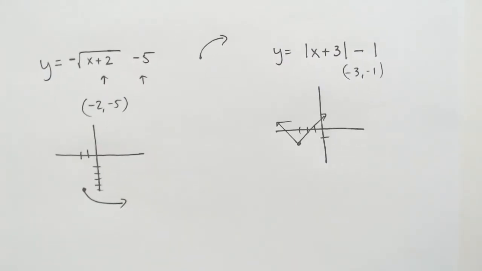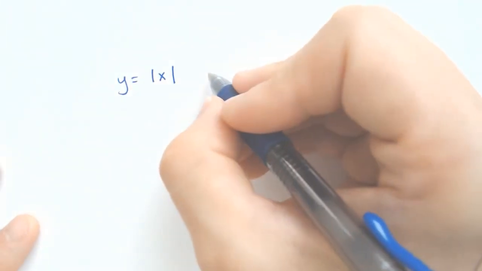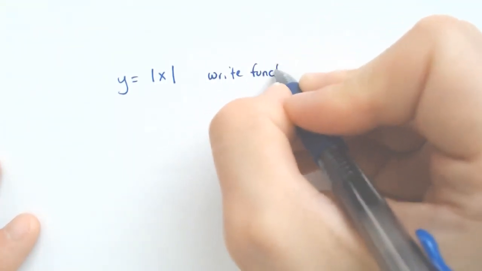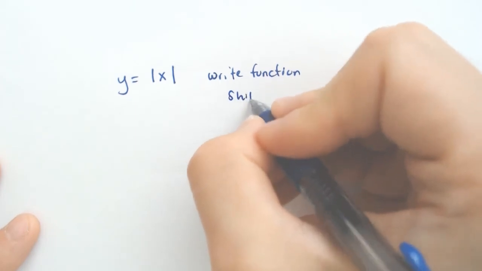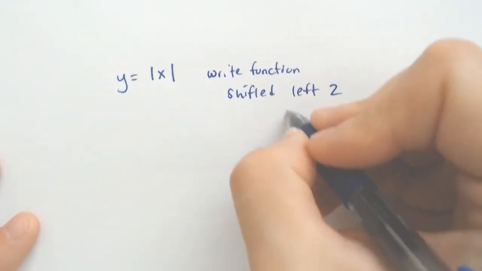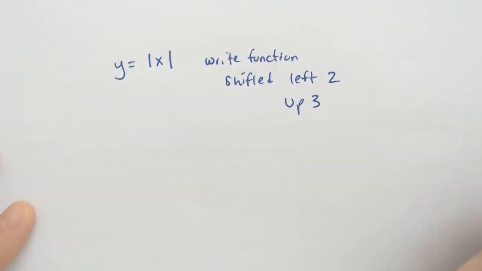Okay, so you're not getting too much involved with this, but let's say we have to work backwards. So let's say that they give you either a graph or the shift and ask you to rewrite it. So let's say that we are given a generic absolute value of x, and they want you to write the function shifted left by 2 and up by 3.